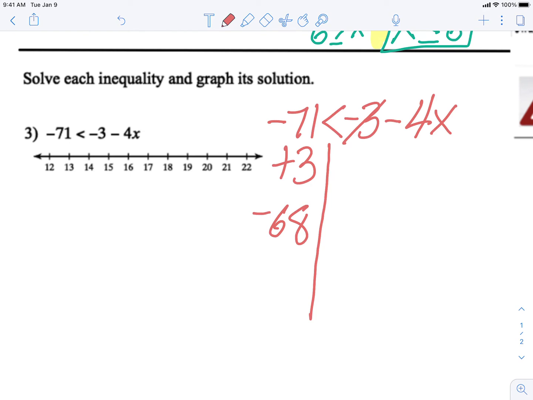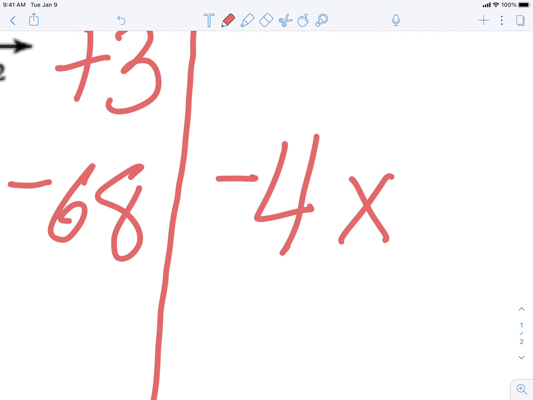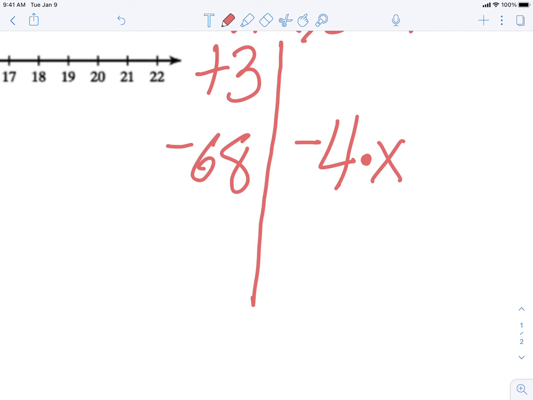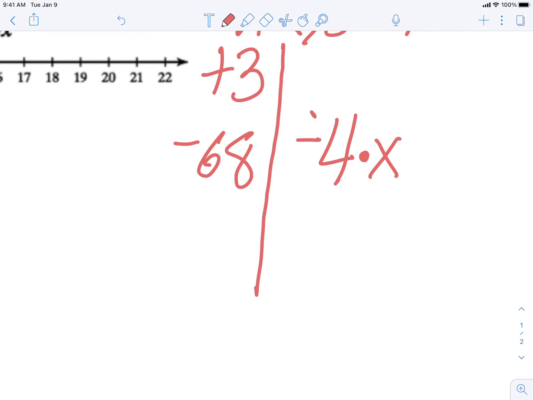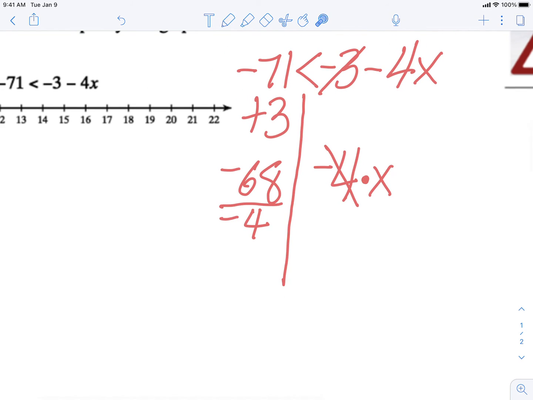So I still have -4x here on the right side. So we know that -4x means -4 times x. And the opposite of multiplying is dividing by -4. Now, look what I did here. I divided by -4.